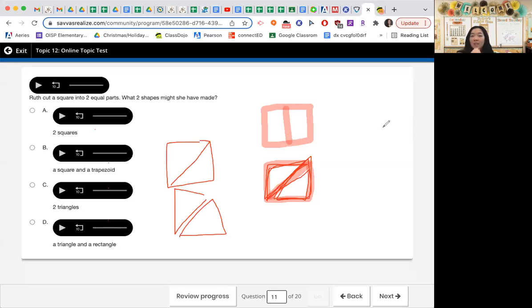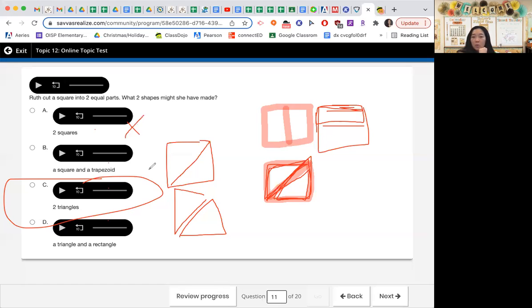Very good, C. We cut this square into 2 equal parts. If we cut it like this, it only makes 2 rectangles, which is not an answer. These are not squares because look at how much longer this side is than this side. There are no trapezoids, and it's not 1 triangle and 1 rectangle. The only way to cut it into 2 equal parts is to make 2 triangles.